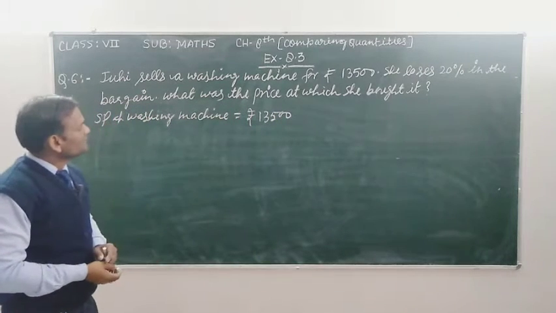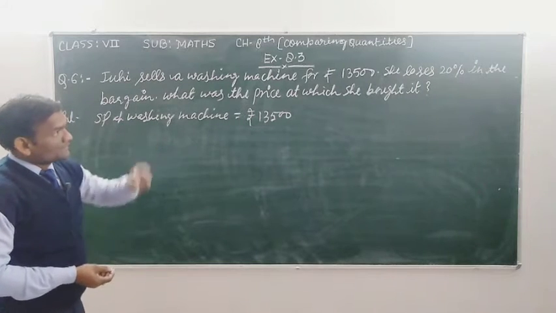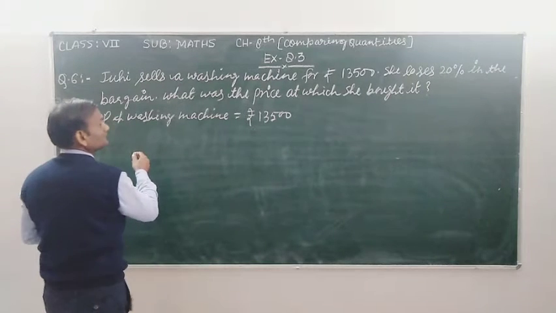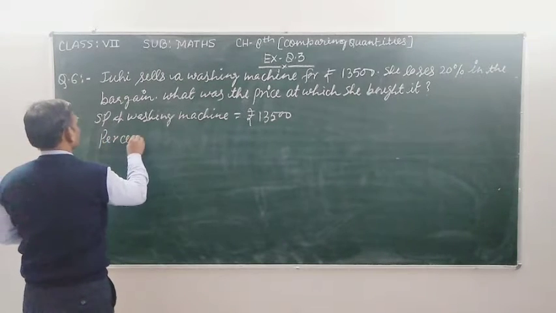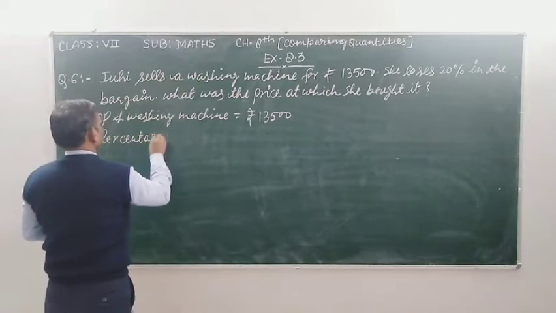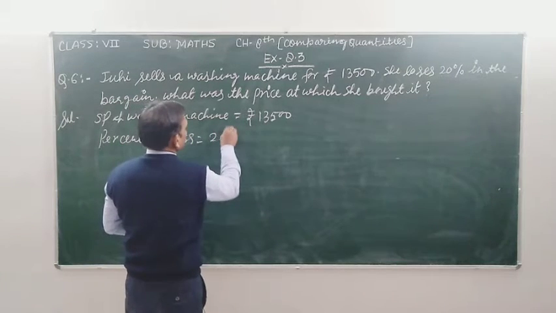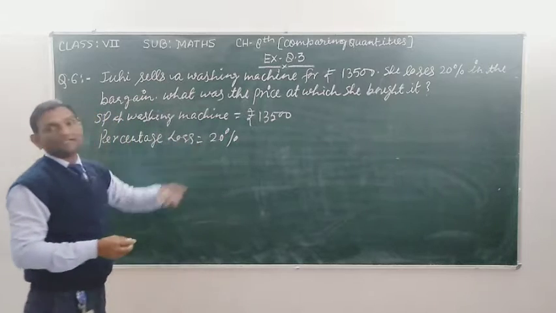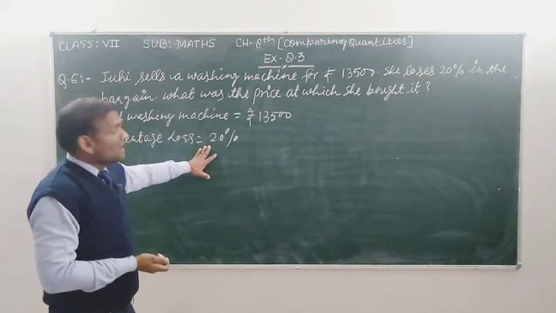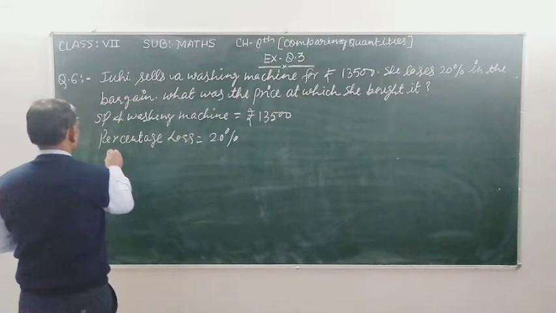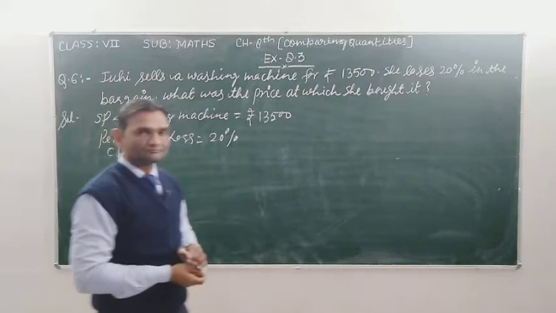This is the SP. And percentage loss is equal to 20%. लॉस परसेंटेज कितना है? 20%. 20% लॉस हुआ है. And the question is asking me CP is equal to question mark.